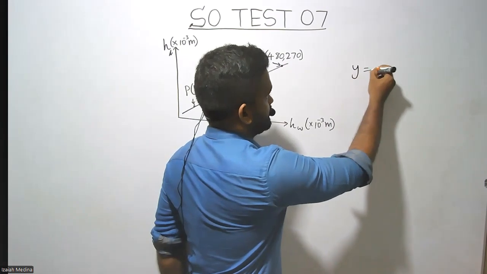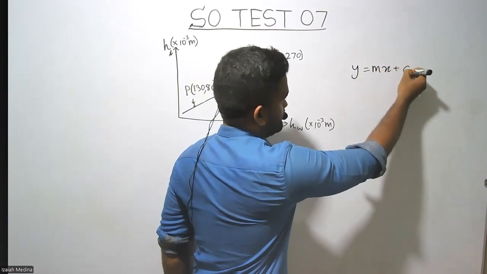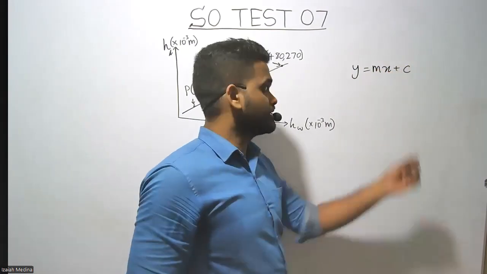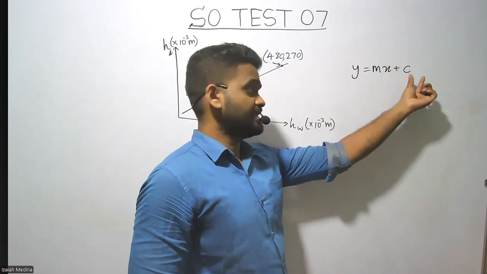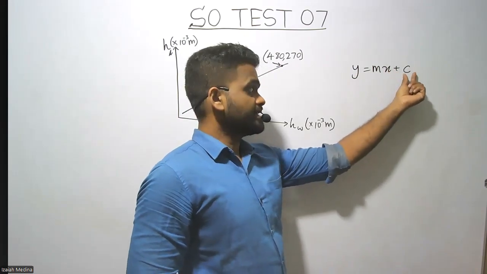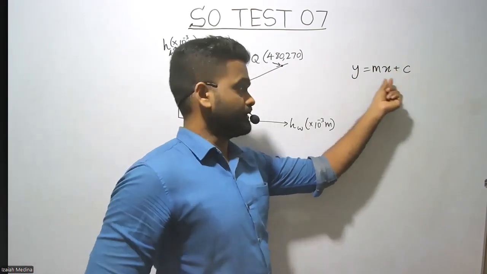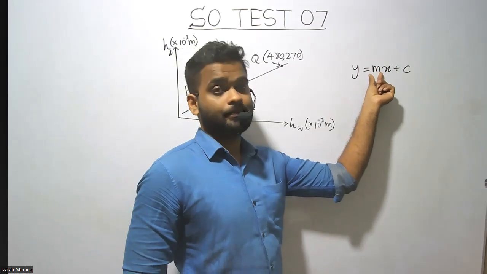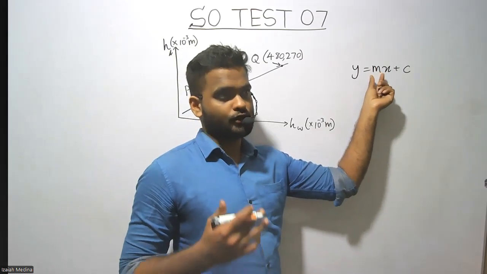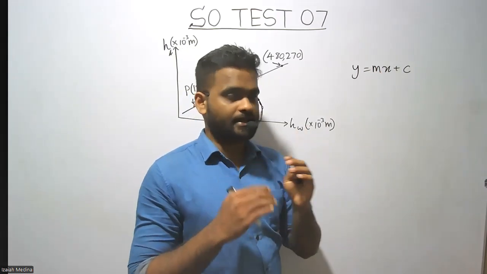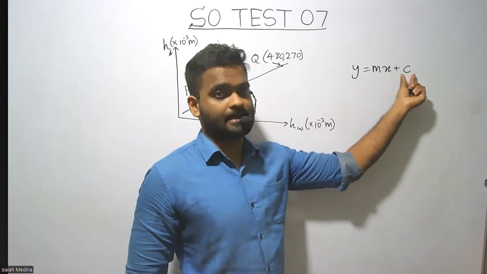So mainly the types of graphs you get, especially for experiments, are y equals mx plus c graphs. So this c represents the intercept. This is O-level stuff, right? Then this m, that is the gradient. So you need to have an in-depth understanding of gradient and the intercept.